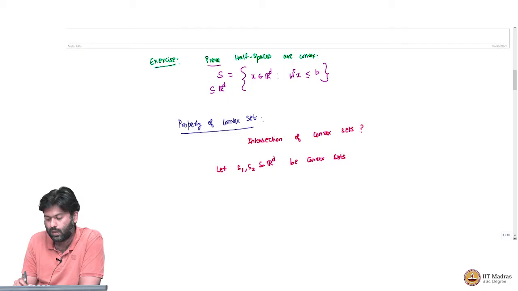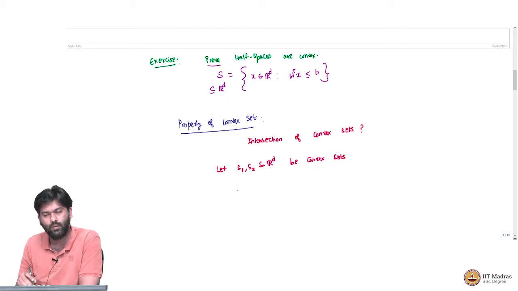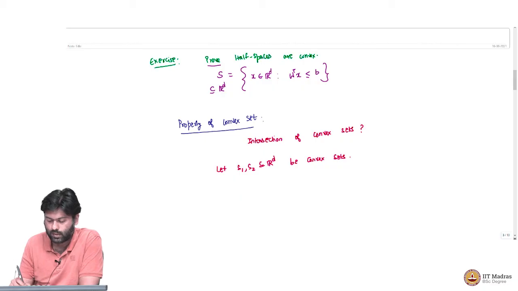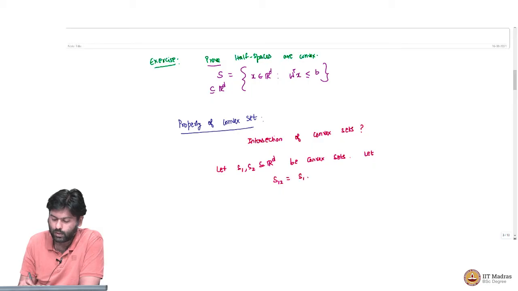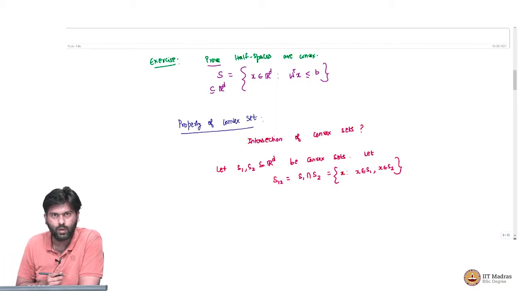Sometimes I might drop the word sets when I call S1 and S2 subsets of R^d as convex, it means that they are sets. Now let me call S12 simply S1 intersection S2, which is simply the set of all x such that x belongs to S1, x belongs to S2. The usual definition of intersection. Is S12 convex? What do you think?